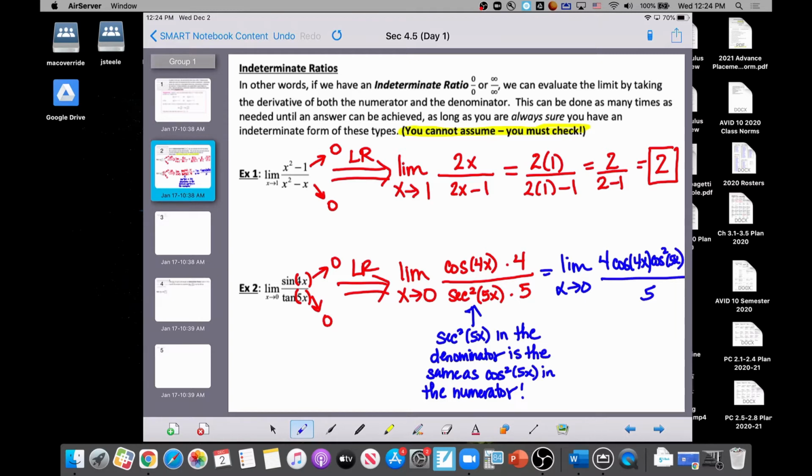All right, and now I can actually evaluate my limit. If I plug in x equals 0, I have 4 times cosine of 4 times 0, well, 4 times 0 is 0. Cosine of 0 is 1. And 5 times 0 is 0. Cosine of 0 is 1, and then 1 squared is 1, right? Over 5, which gives me an answer to my limit of 4/5.